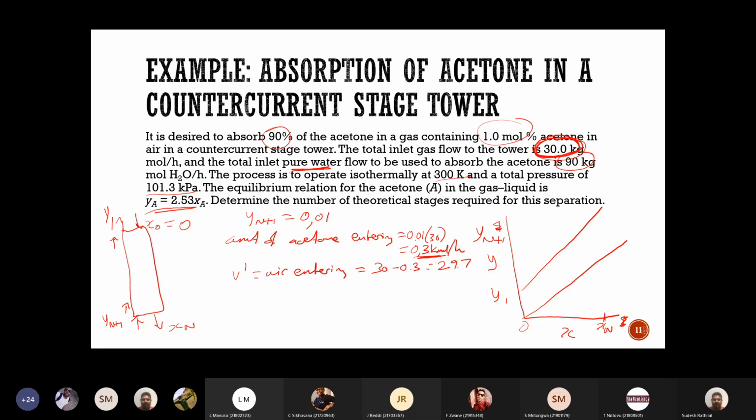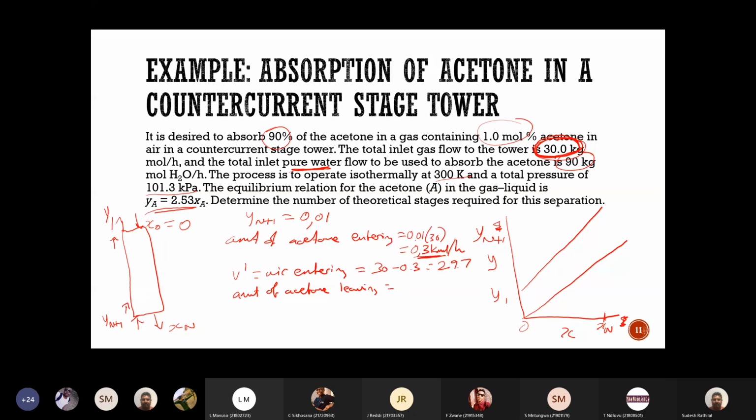Okay. Let's look at the acetone that is leaving. The amount of acetone leaving will be equal to, how do I work this out? If I've got 90% of the acetone that must be absorbed, so coming in is 0.3, 90% of this must be absorbed, then how much is leaving?